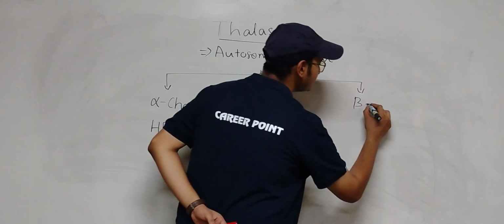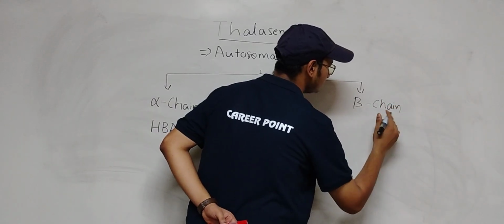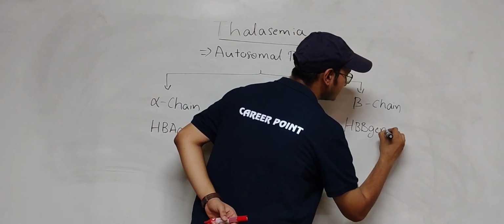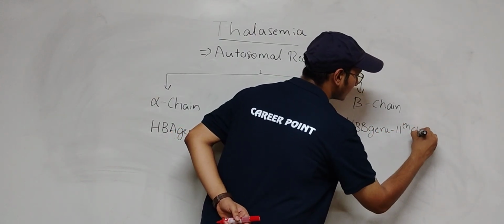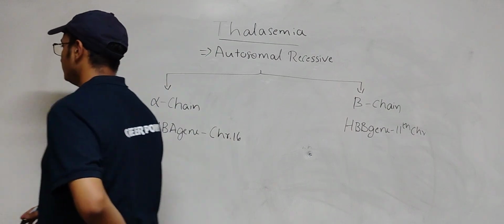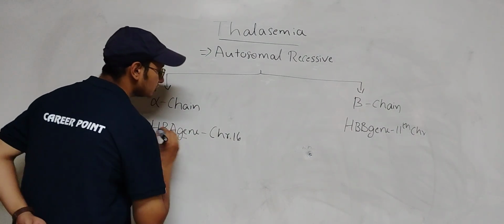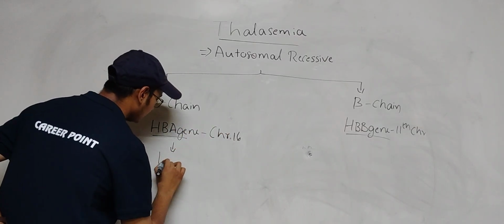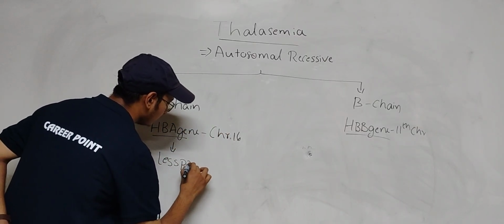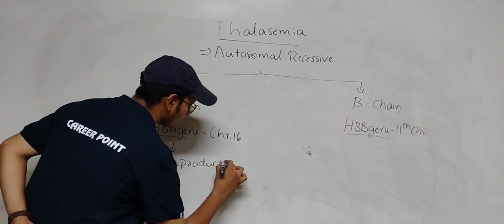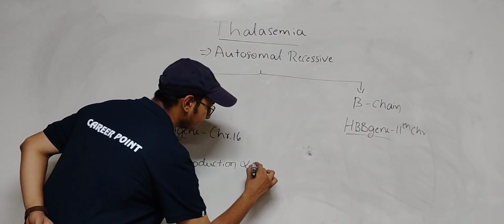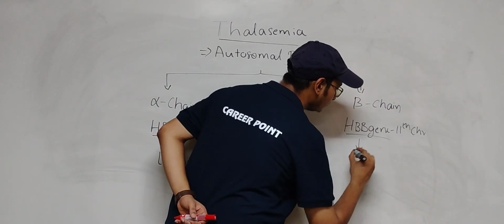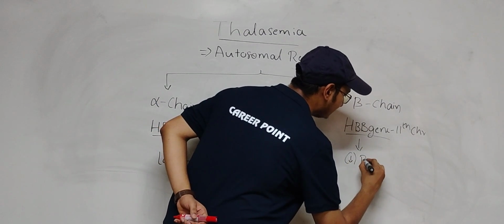And here the beta chain is controlled by the HBB gene, which is present at the 11th chromosome. So now the defect is in this chromosome and in this chromosome. It leads to less production of alpha chain, and there is a defect in this and it leads to less production of beta chain.